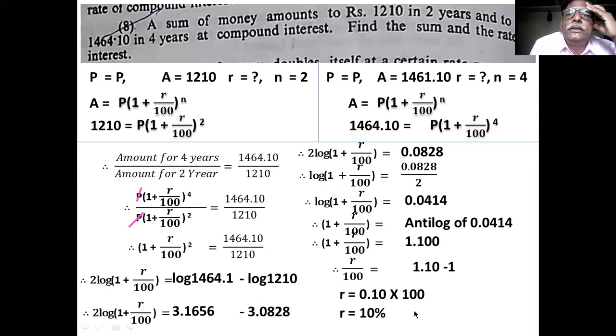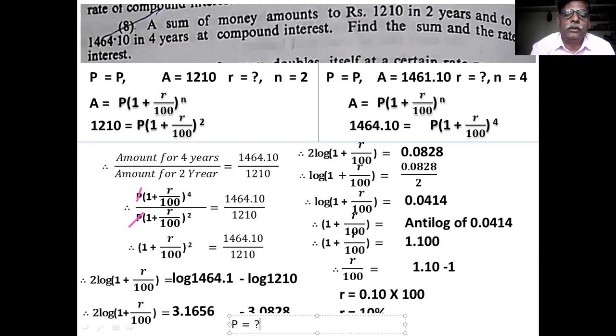And next step, you calculate the principal. What is the principal? You take P is equal to question mark.